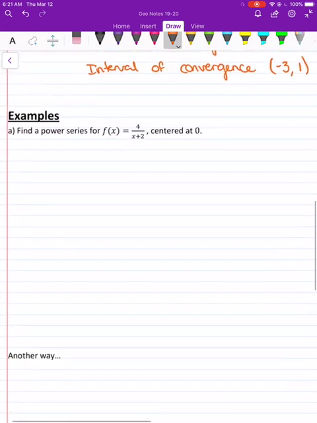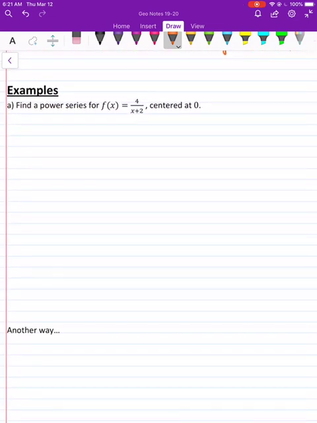All right. Let's talk about some examples. So I recommend that at this point you pause the video, try the example A on your own, and then press play and see how you did. So example A says, find a power series for f of x equals 4 over x plus 2 centered at 0. Great.